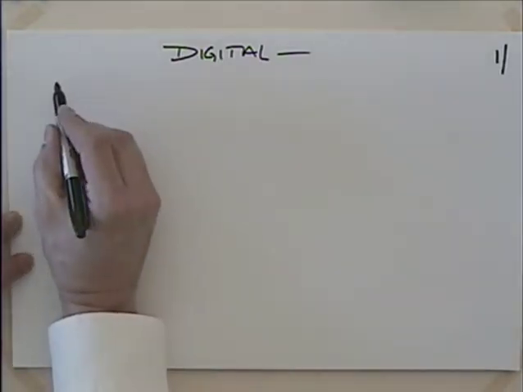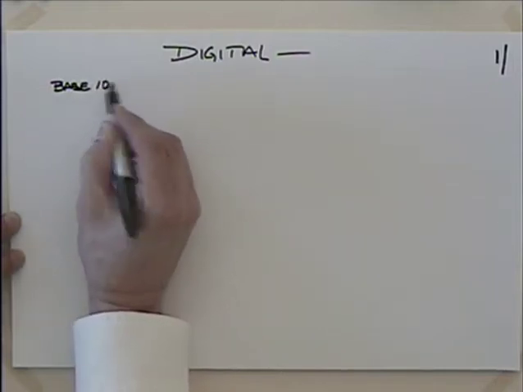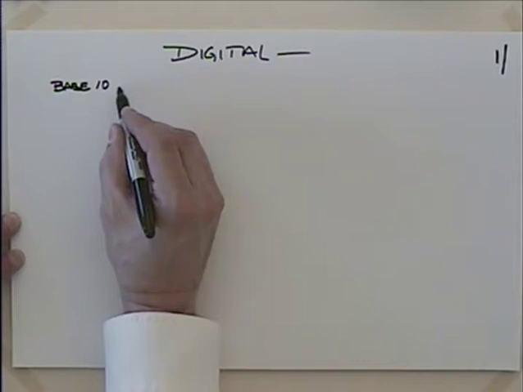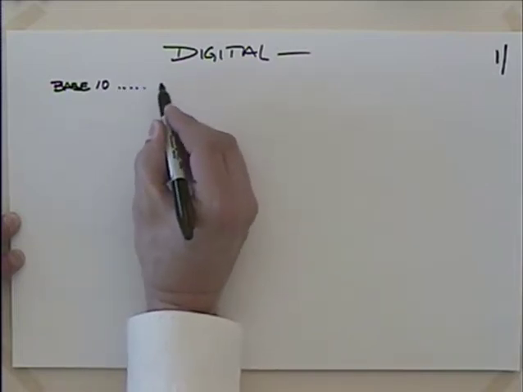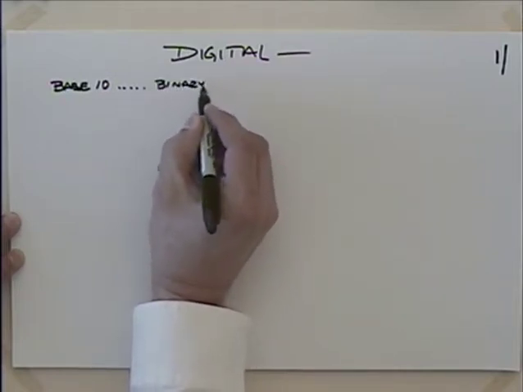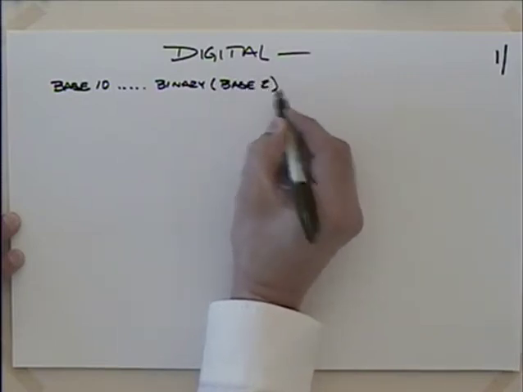So we normally are base 10 most of the time. I guess there's other bases, and the one we'll look at probably most predominantly in this area would be binary or base 2.